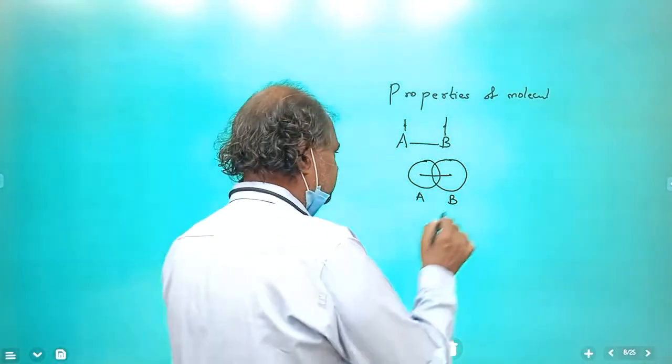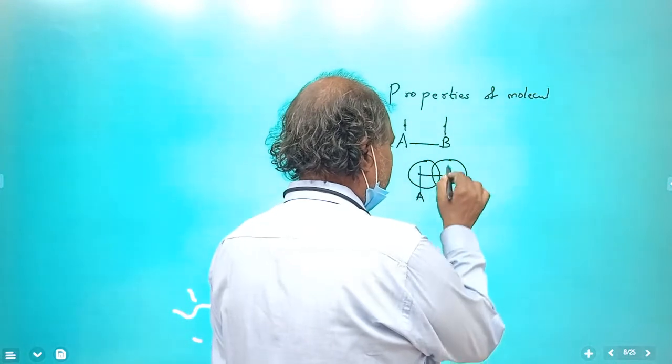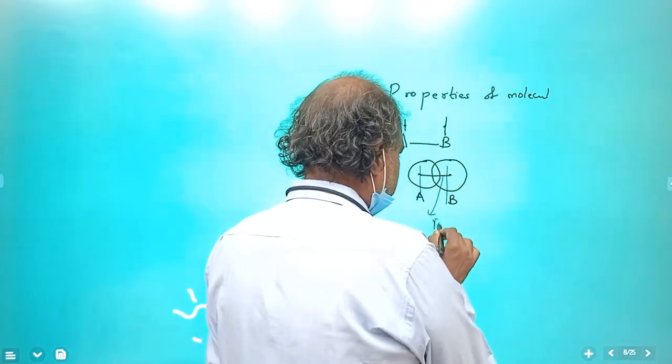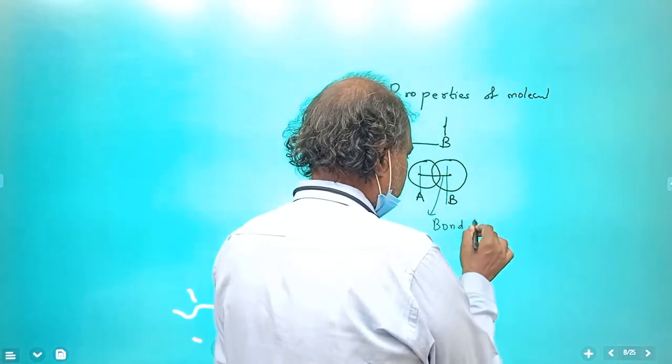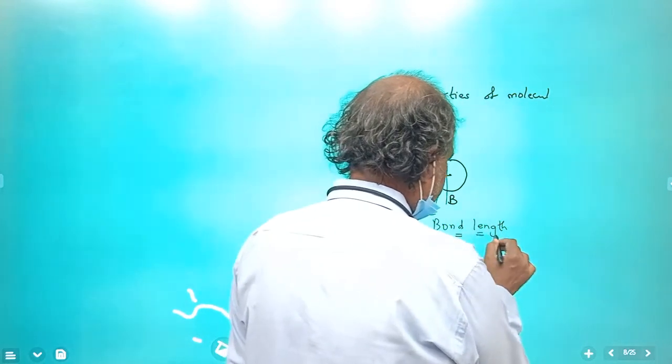This is a nucleus, this is a nucleus. This is what is called bond length of this bond AB.